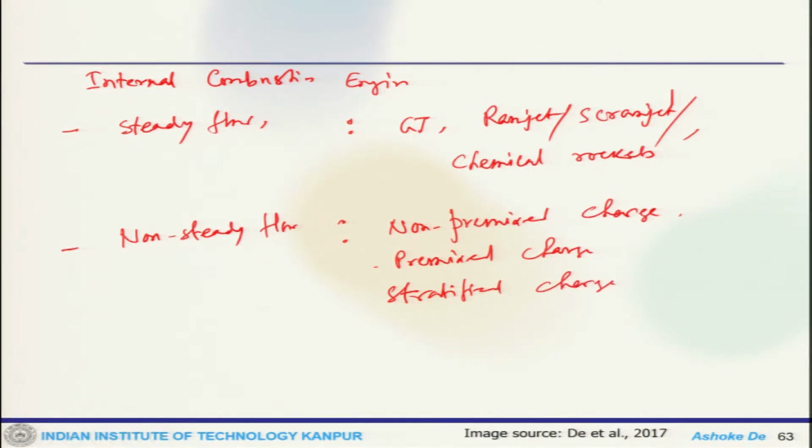So, if you draw a nice picture of this, one is your internal system. Either one can have steady, so that could be one category.